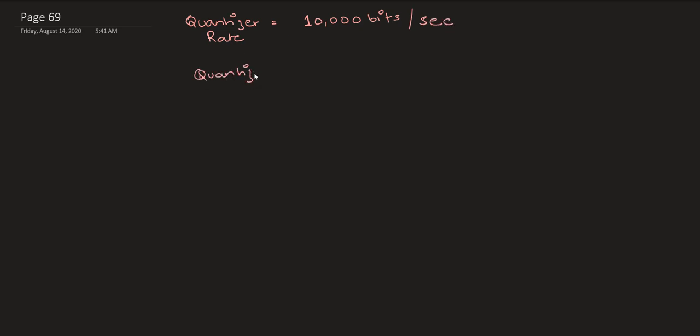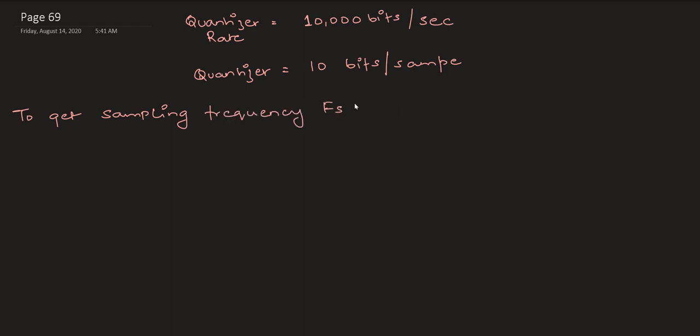So from these two, how do you get your samples per second? Take the ratio, 10,000 by 10. When you do that, you get your samples per second, which is your sampling frequency, and that is equal to 1000, because the ratio of 10,000 by 10 is 1000, or 1 kilohertz.